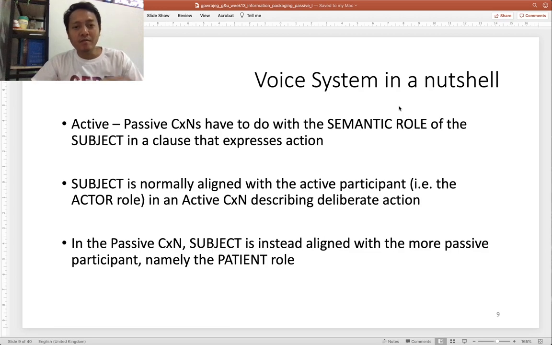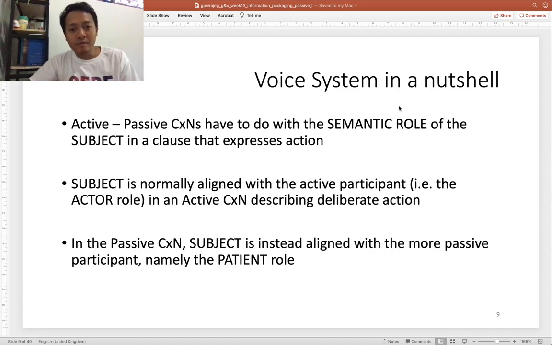In active-passive constructions, the system they are dealing with is the linkage, the mapping, of the semantic role of the subject in a clause that expresses action. Once again, active-passive constructions have to do with the semantic role of the subject in the clause that expresses action.